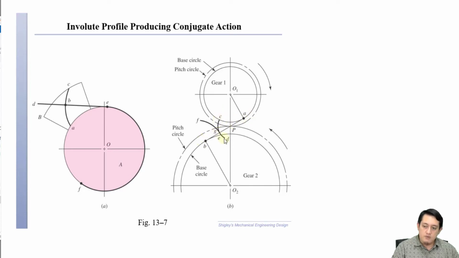This is the shape of our gear tooth. This is the shape of our gear tooth for gear 2, and this is the shape of the tooth of gear 1. As you can see, it will be slightly different. So this is how they will conjugate.